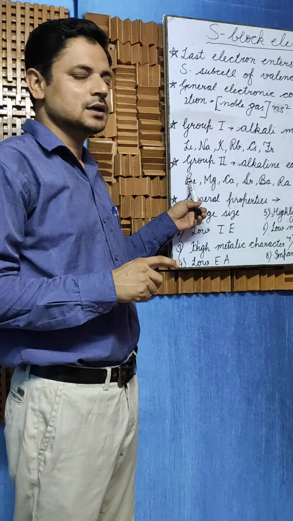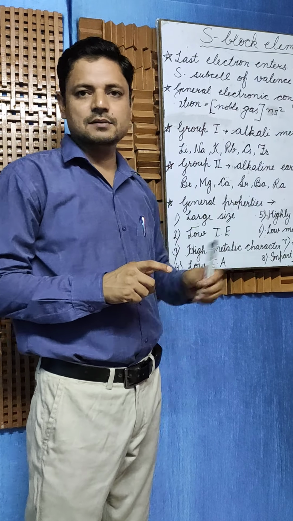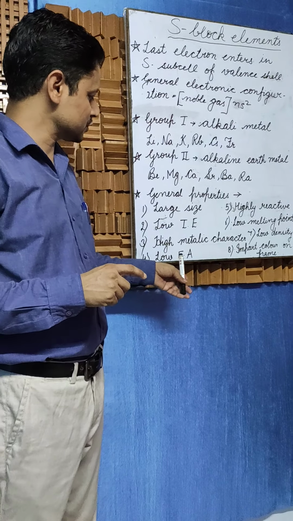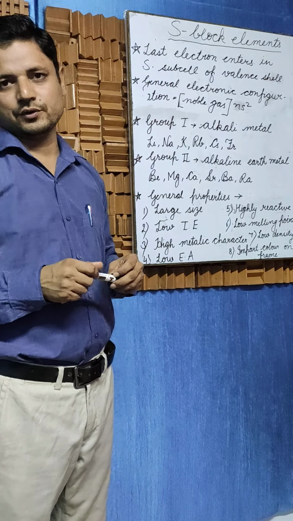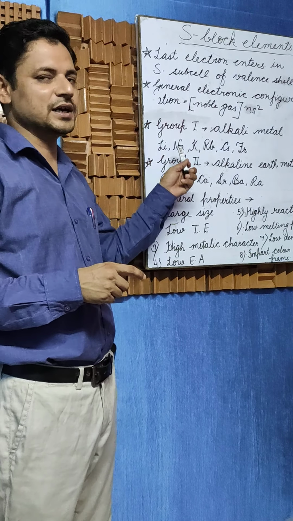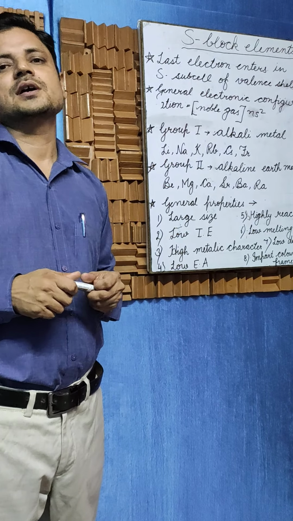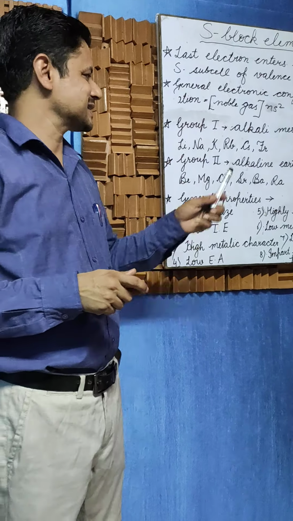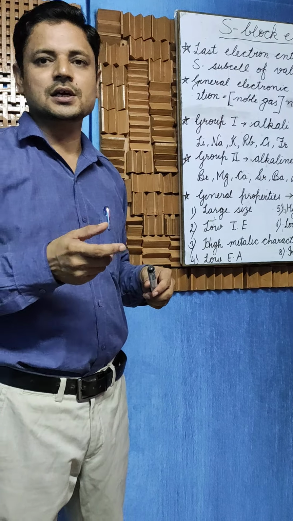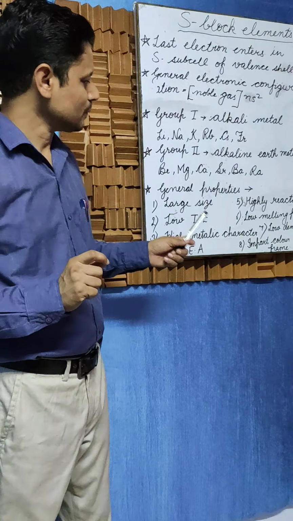In the same way, beryllium is least metallic and radium is most metallic. The fourth is low electron affinity. Like ionization energy, they have low electron affinity, and electron affinity also shows the same pattern. That means as we move down the group, like ionization energy, electron affinity also decreases.